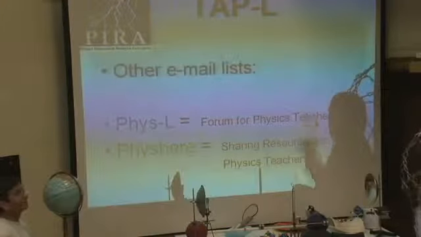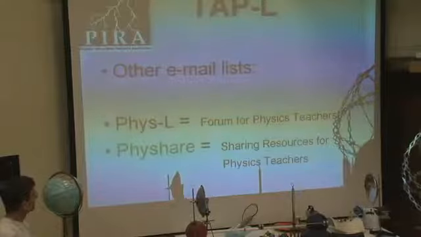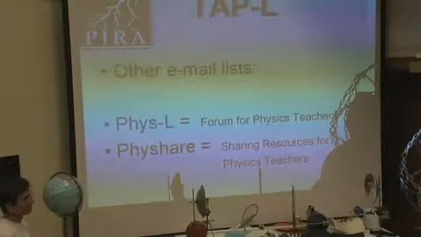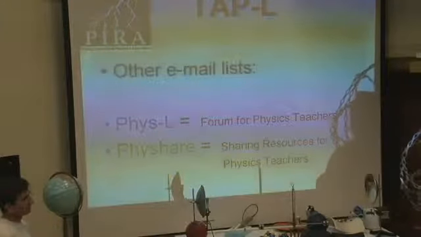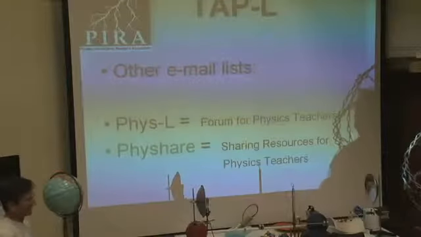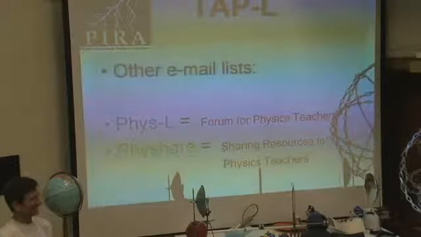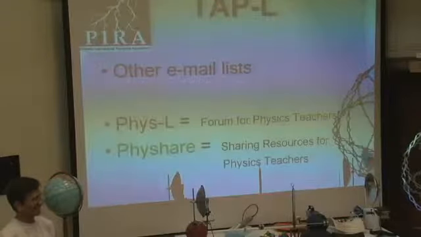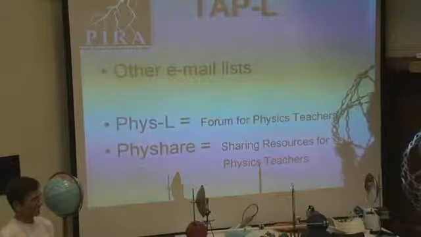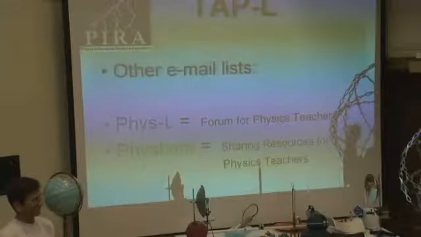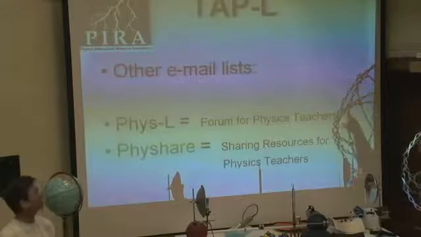For us on TAPL, if it takes more than 30 minutes for us to ask a question and get a reply, we're having a real slow day, okay? So most things you can get 6 or 8 different answers from people if we have a question within 30 minutes. So there are a lot of people out there who really maintain and make that work.